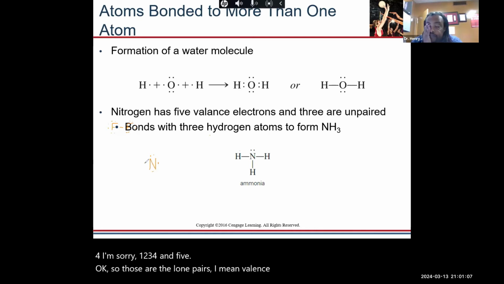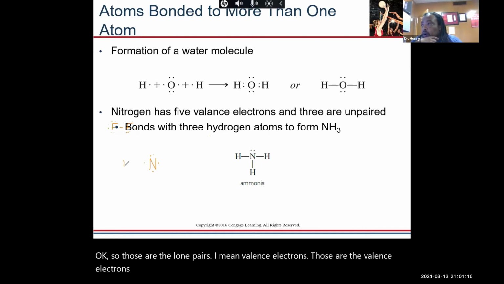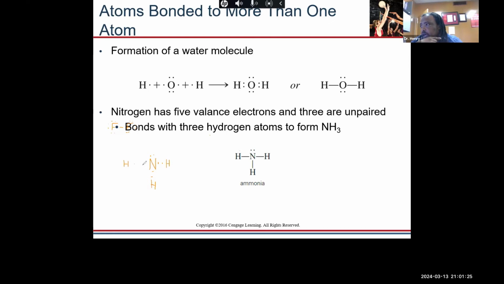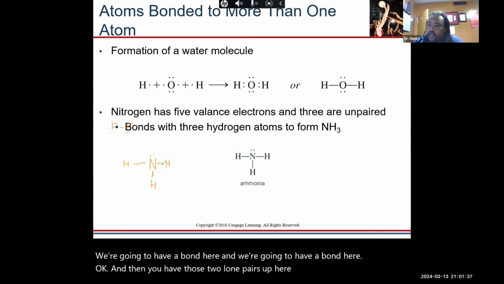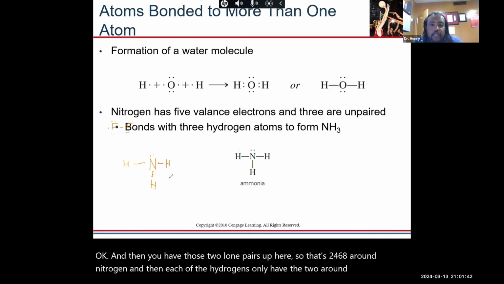Those are the valence electrons. And then hydrogen has 1 valence electron. So we're going to have a bond here, a bond here, and a bond here. And then you have that lone pair up here. So that's 2, 4, 6, 8 around nitrogen, and each of the hydrogens only has the 2 around it. So it's like helium.